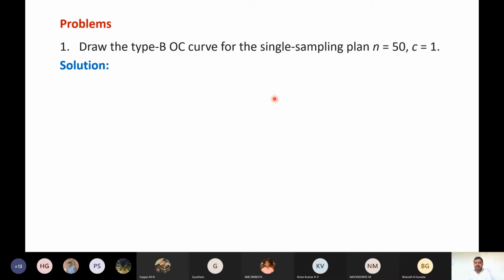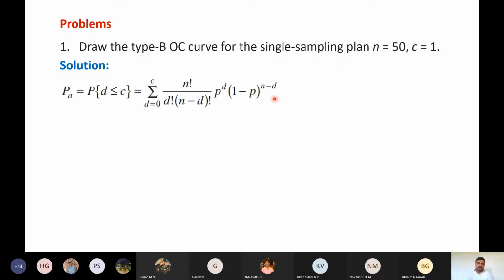Like that, you should choose the values of lot fraction defective, and for those you can find the probability of acceptance. To plot the OC curve, choose 6 to 8 values. If you choose 8, it will be good. In the exam, if you don't have enough time, you can limit it to 6 values. Here for this problem, I considered 8 values from 1% to 8%, that is 0.01 to 0.08.